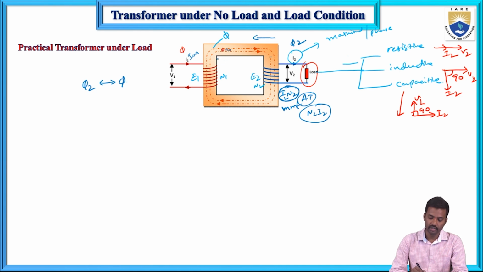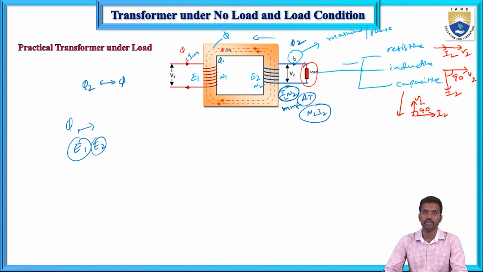The main flux reduces, which means E1 and E2 reduce, according to Faraday's law of electromagnetic induction: E is directly proportional to d phi by dt.